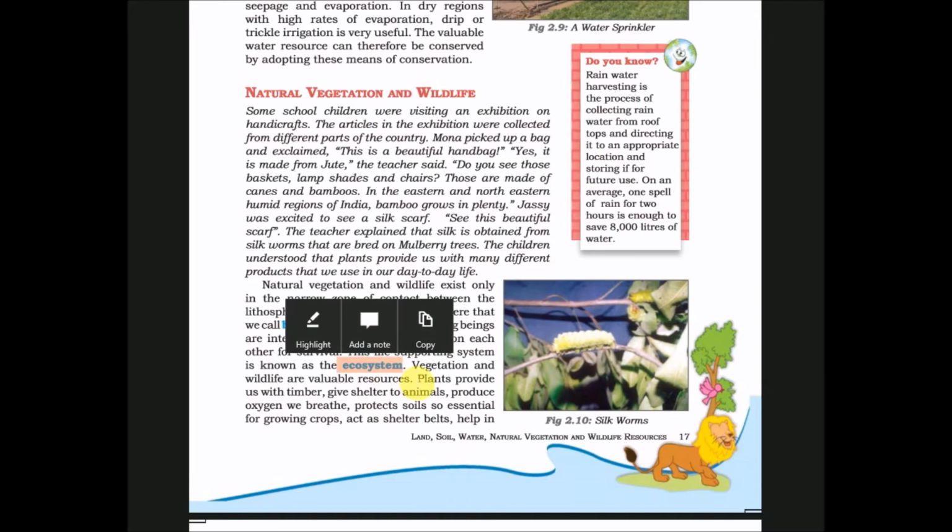Ecosystem: see, a plant grows in the soil and after that it is eaten by the deer, and the lion eats the deer, and after that the lion is defeated by some disease and dies, and it is eaten by the decomposers and mixed into the soil, and then a new plant will grow from there.